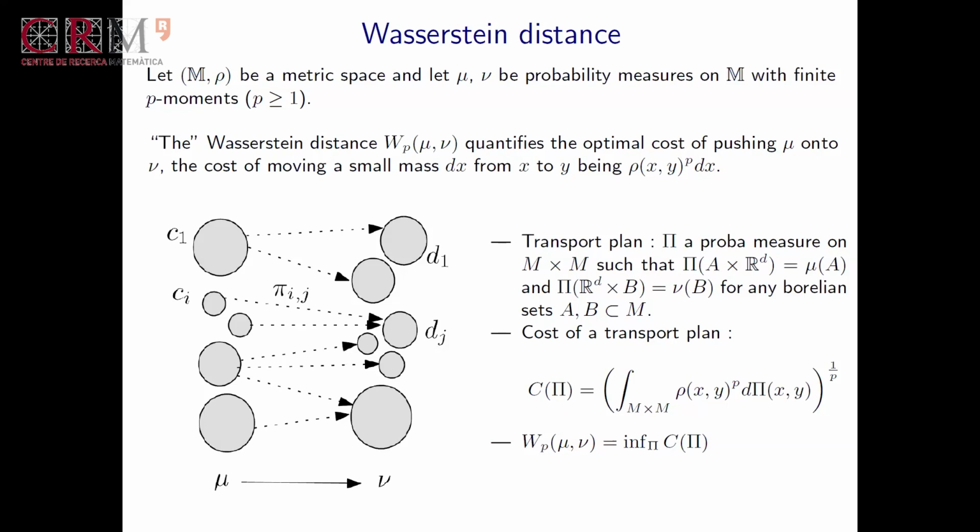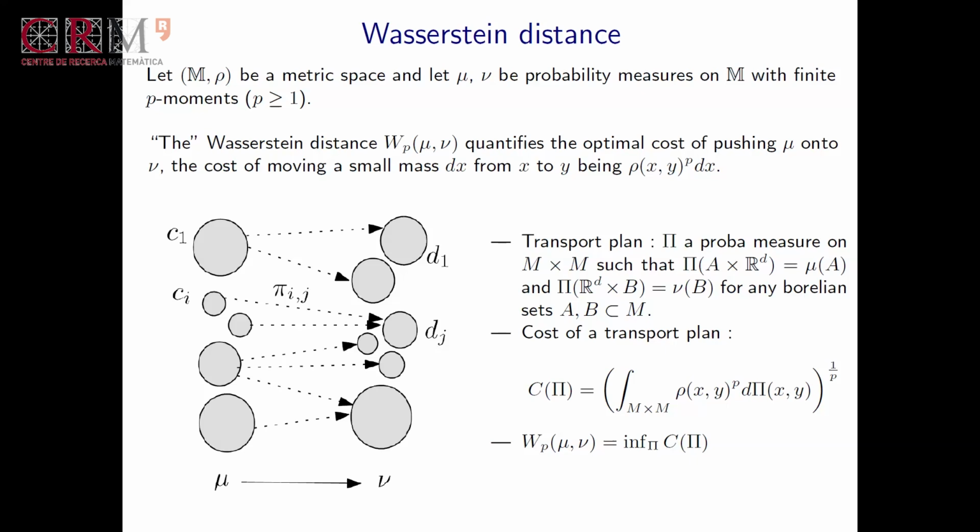If you have a finite measure mu, which is just a finite sum of weighted Diracs, and a finite measure nu, which is also a finite sum of Diracs, to define a transport plan you have to say, okay, on the first atom of mu, I have a total mass of c1, and I have to decide how much of c1 I move to each of the points that are in the support of nu.